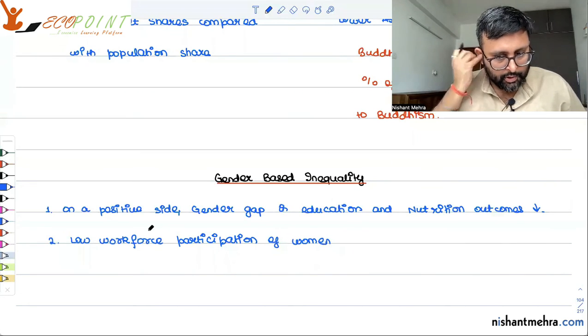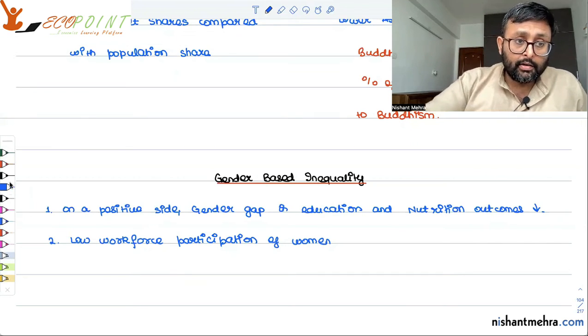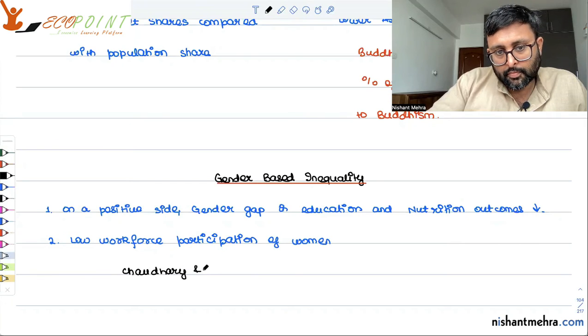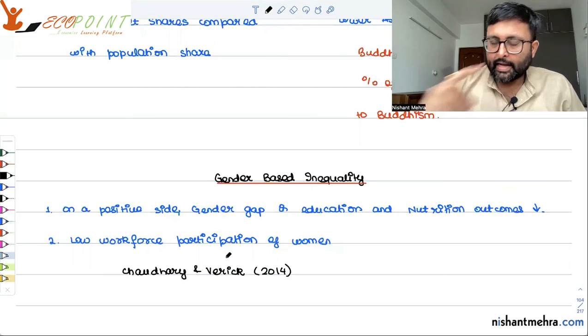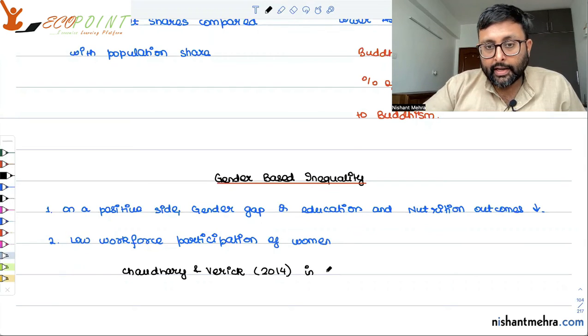Low workforce participation of women. And not only that, he says Chaudhary and Varick is an evidence about this. They have written a paper in 2014, and they have tried to analyze the declining workforce participation of women in a high economic growth period.